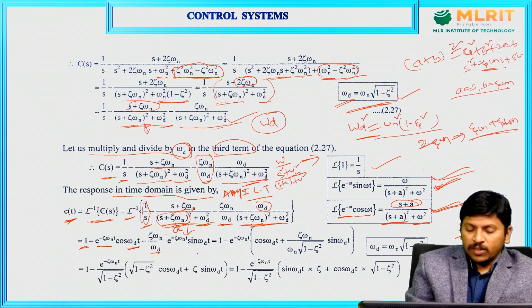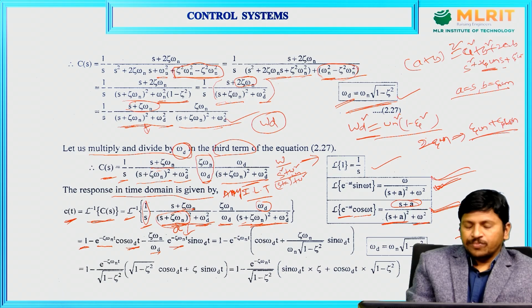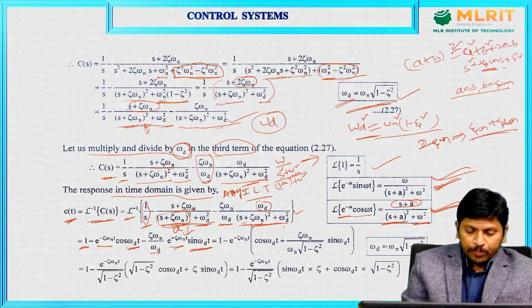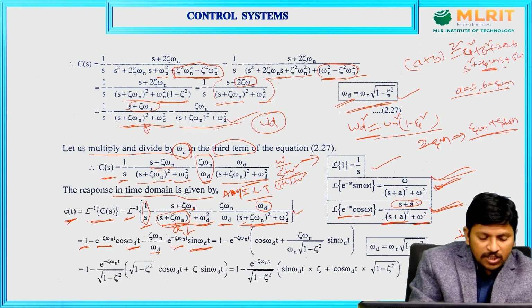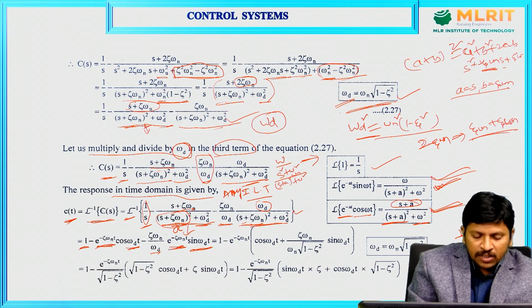Here, in the numerator there is only the omega_d term, with no s term in the numerator, so it gives e^(-zeta omega_n t) sin omega_d t. This is the formula: c(t) = 1 - e^(-zeta omega_n t) cos omega_d t - zeta omega_n divided by omega_d e^(-zeta omega_n t) sin omega_d t.